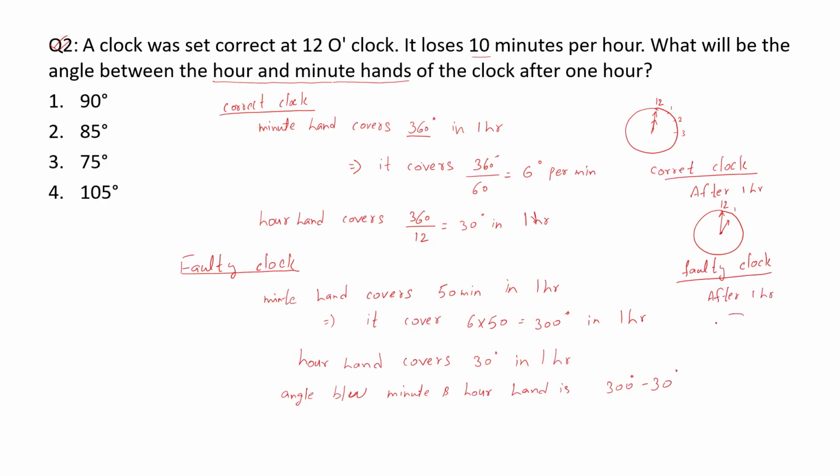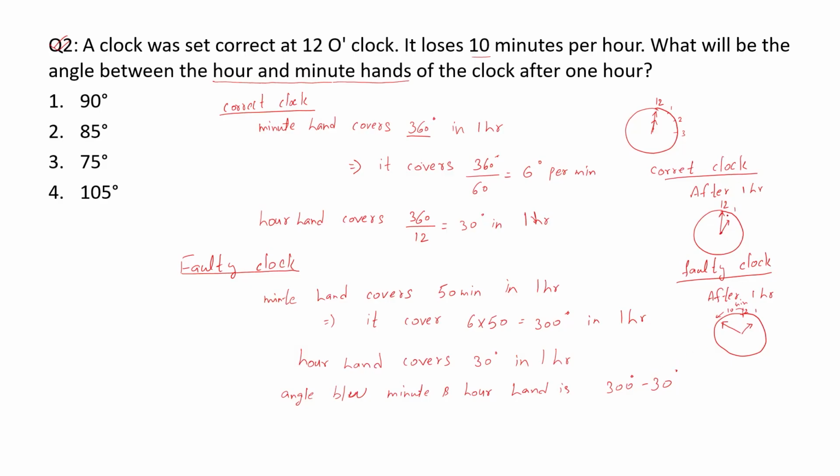Just try to understand this. This is your clock. After 1 hour, your minute hand is over here because it loses 10 minutes. So this to this is 10 minutes and your hour hand will be here only, at 1. It is 12. You got the idea? So this 10 minutes is the difference.